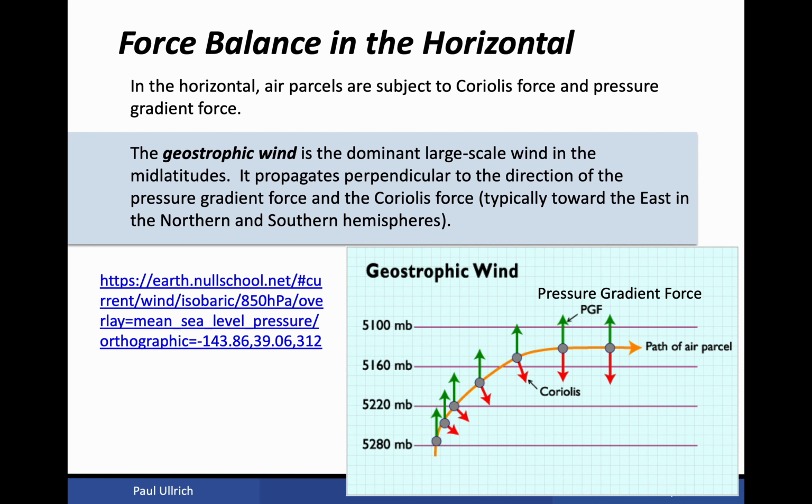It turns out that the Coriolis force is proportional to the velocity of the air parcel. So the faster that air parcel is moving, the stronger the Coriolis force it experiences. Now, that Coriolis force always acts to the right of the direction of motion of the fluid parcel. So as that Coriolis force continues to act more strongly, the air parcel is going to be turned to the right in the process.